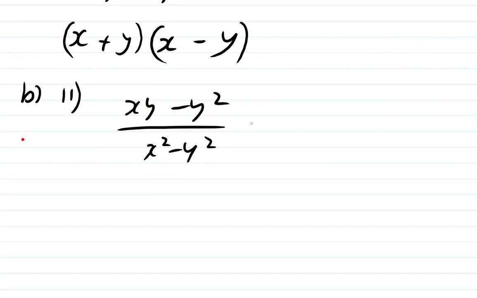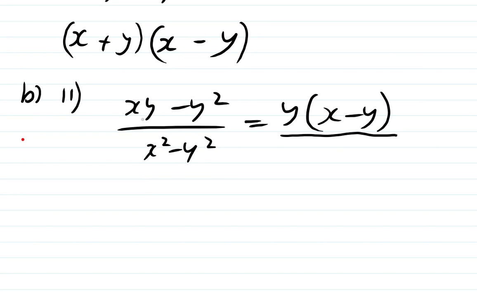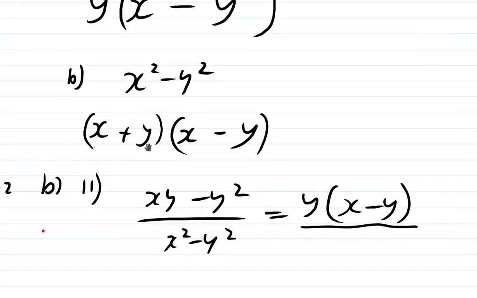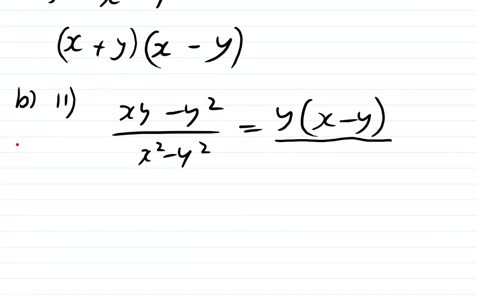So we're going to have y in the bracket x minus y divided by, and then we saw that x squared minus y squared is the same as x plus y, x minus y. So we have x plus y, x minus y. See that? But then this would cancel itself, right?